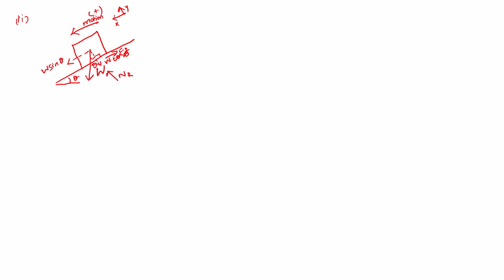In that case, for the summation of forces acting on the block, we need to consider the direction of motion as positive. So W sine theta is positive, minus FF. These are the two things in this case.